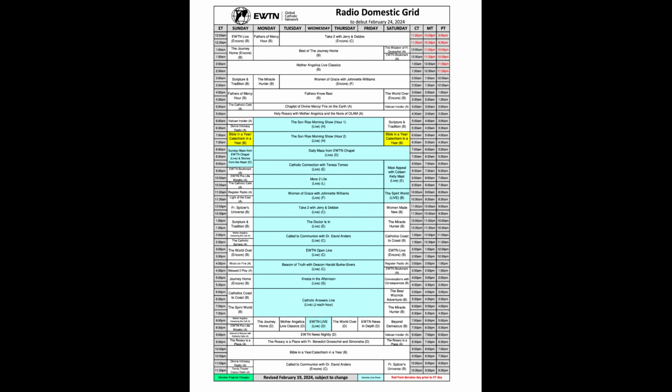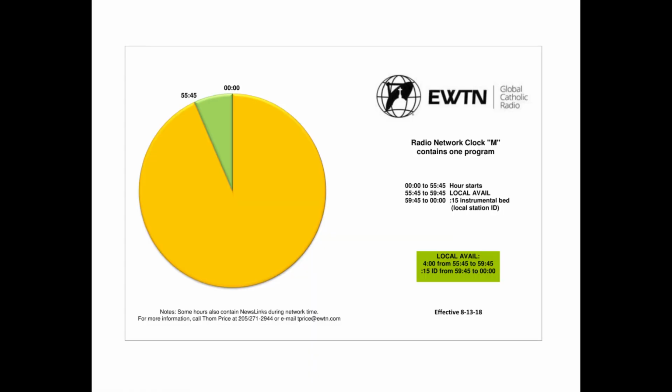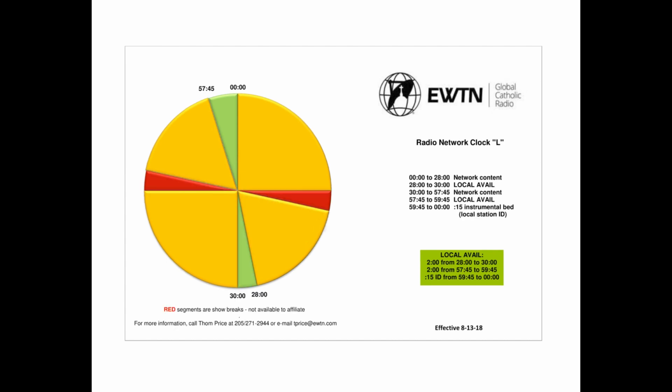Now, coming up next, you're going to see these actual clocks. If you go to the EWTN and then go to EAR, that's what they call where they have all these diagrams and things. You will have seen that, and now you're going to see this. And these are the clocks. Now, this is the M clock, and it goes from M all the way down to A. There's no I clock.